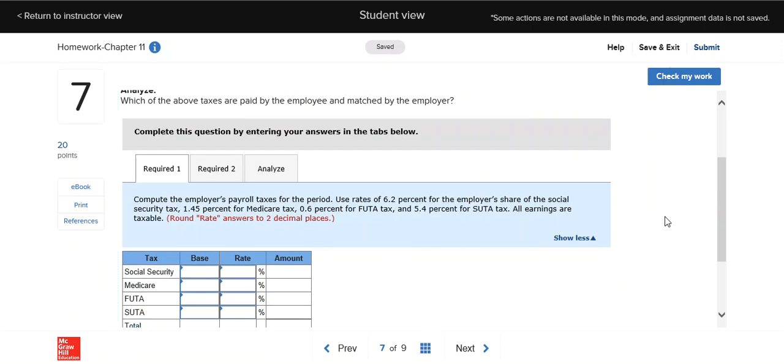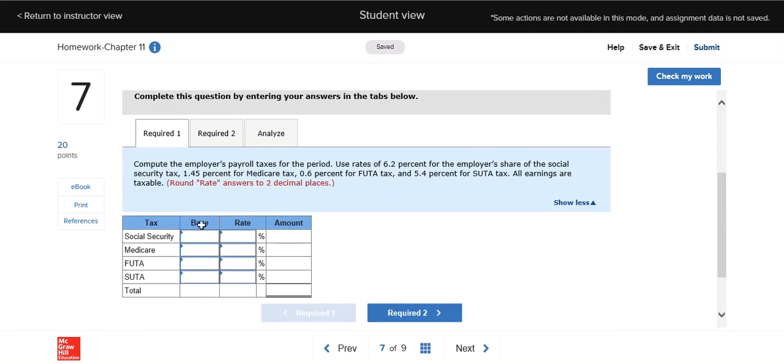All right, so this is compute the employer's payroll taxes for the period. And we've got a column that says base, rate, and amount. So Social Security was 6.2%, Medicare was 1.45%, federal unemployment was 0.6%, and 5.4% for state unemployment.